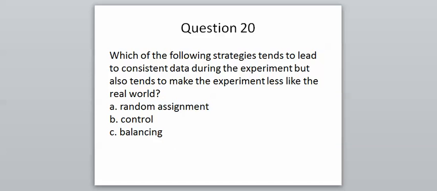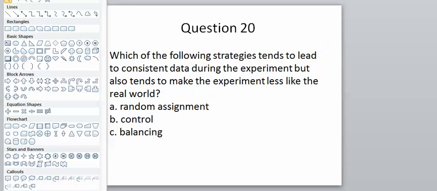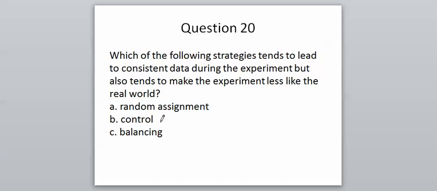If you control variables, that tends to make the experiment less like the real world, because when you control something, you make sure that thing never changes.